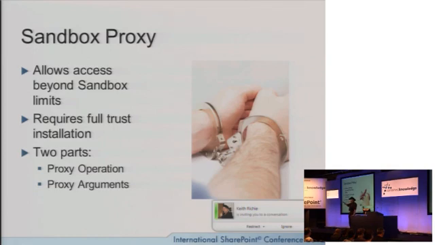All that code is there for you to steal, borrow and use in your solutions. And it's all documented, so we have background documentation on all this stuff. If you want to know how to write a full trust proxy in a sandbox environment, we show you exactly how to do it step by step with the code. It's actually pretty simple. It's an operation and some arguments, and there's nothing really mysterious to it, and they're not going to let you do it anyway, so just click farm and next.